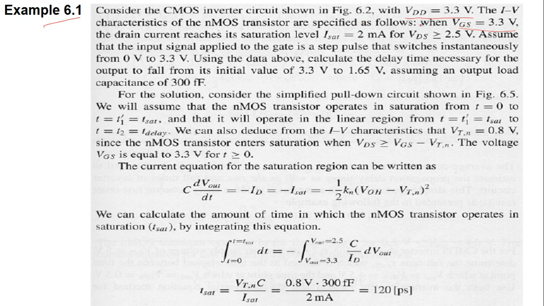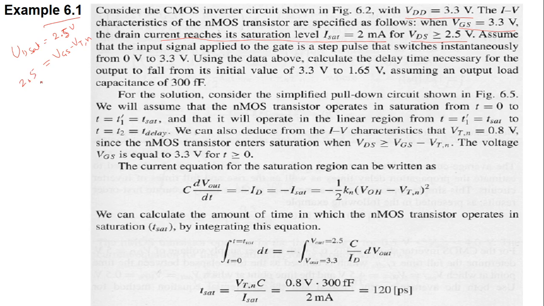When VGS is 3.3 volts, the drain current reaches its saturation level, that is ID sat is 2 milliampere for VDS greater than or equal to 2.5 volts. So for this case VD sat is equal to 2.5 volts, because above this value the current goes into saturation. We know that VD sat is equal to VGS minus VTN, so VGS minus VTN is equal to 2.5.